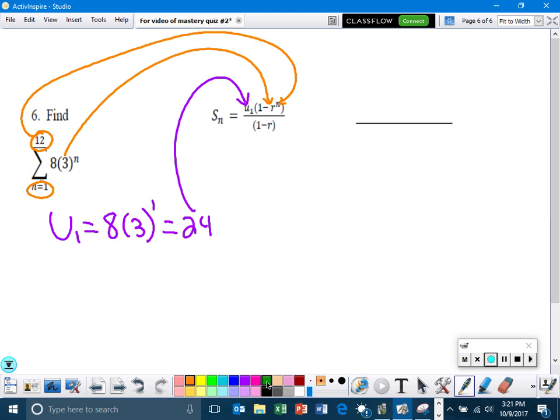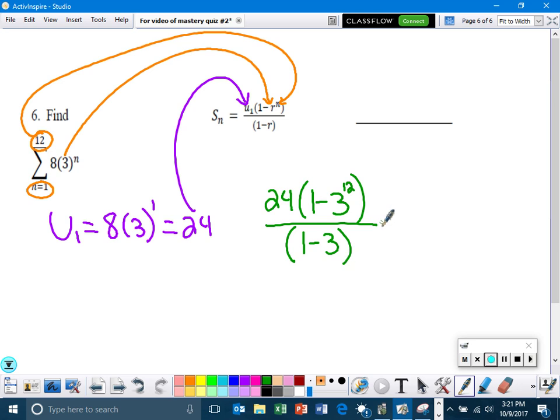Here we go. Let's plug in the numbers. So we're going to go 24 times 1 minus the rate, which is 3, to the 12th power, closed. Now notice that the parenthesis is behind the 12. Divided by parentheses 1 minus 3.